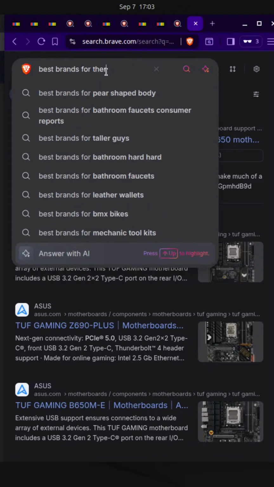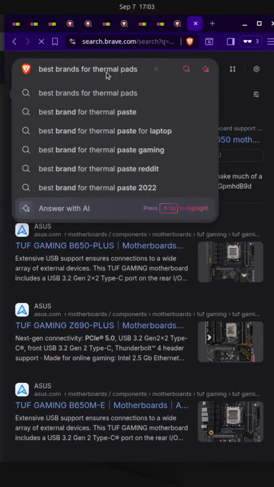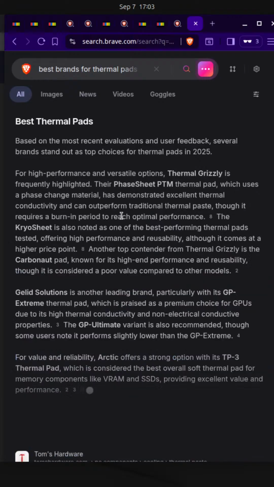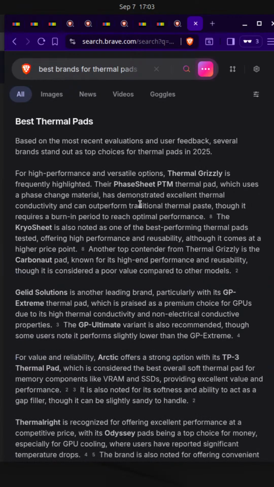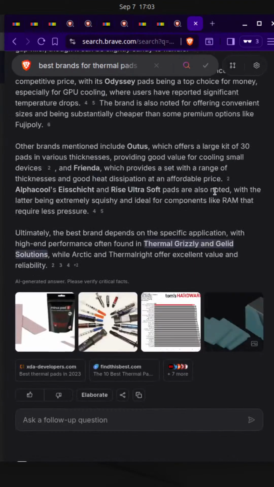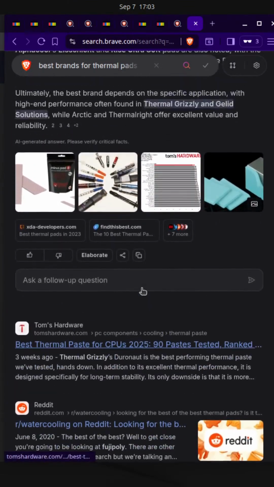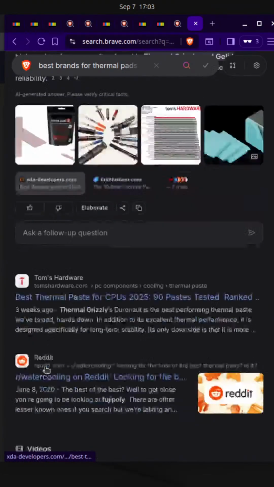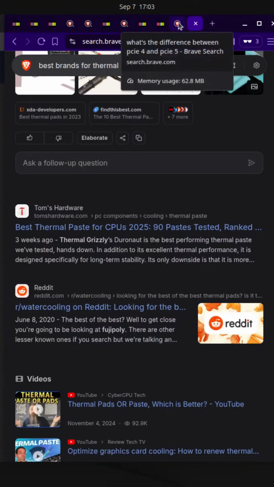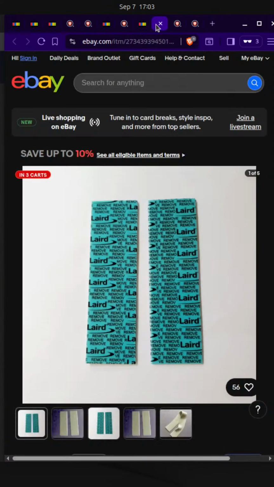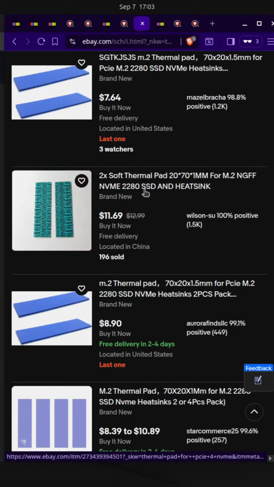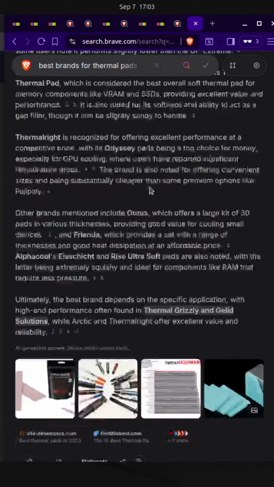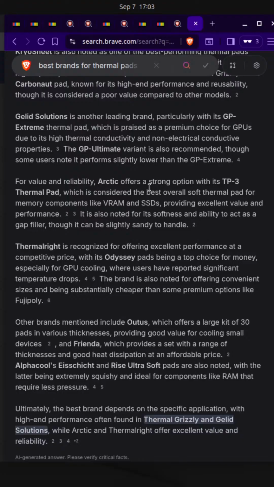Best brands for thermal pads. This is kind of annoying because this stuff actually might matter.